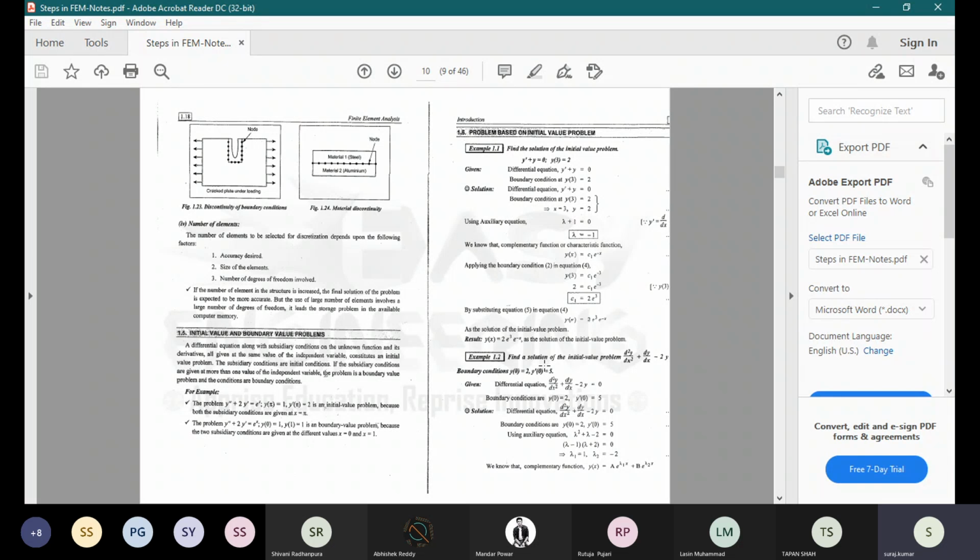Based on that you can segregate the problems with given conditions into either initial value or boundary value problems, and then we went across problems. Okay, so I wish that you can expect some problems in the exam.